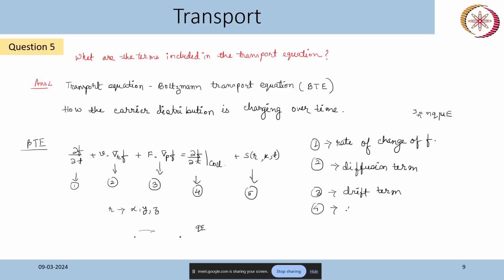The fourth term is the collision term: how the distribution function is changing because of collision with respect to time.